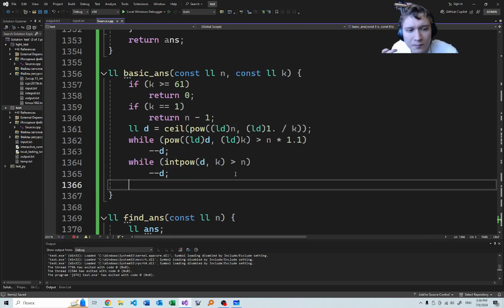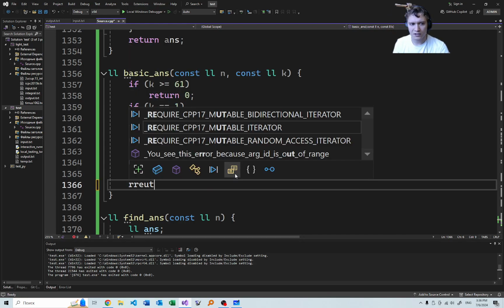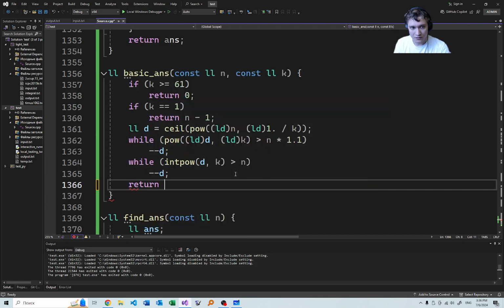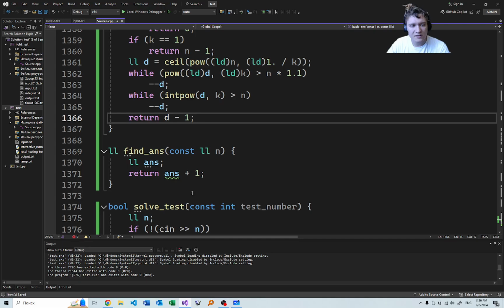Okay, now int power of d is at most n, and this is actually great because I can return d minus 1. Okay, basic counts is done.